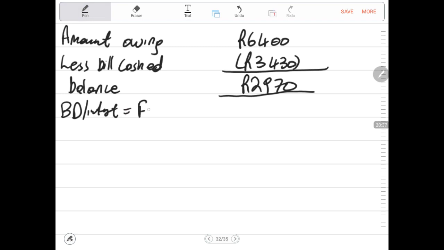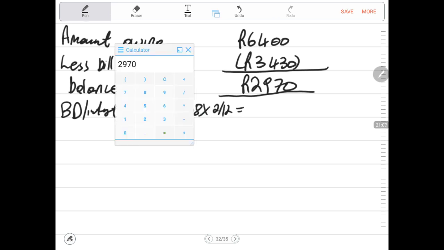It is equal to the face value we know times by the rate, which is interest, I in simple terms when it comes to simple interest, times by our T, which is our unexpired period. We know that our face value of the bill or the amount that he owes, it is 2,970 times by 0.08 times by 2 out of the 12th month. So this will give us the interest.